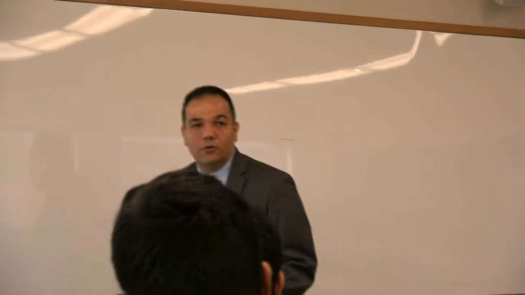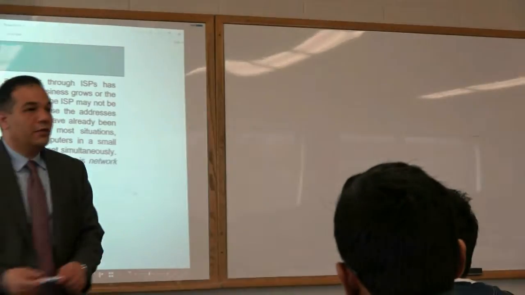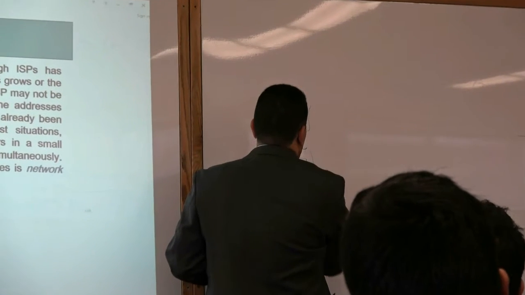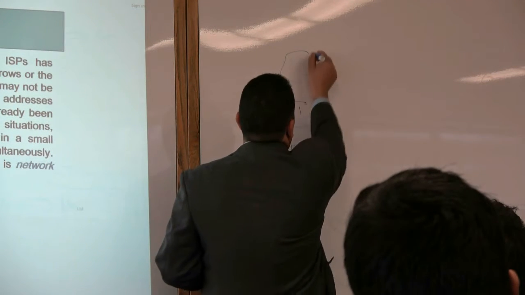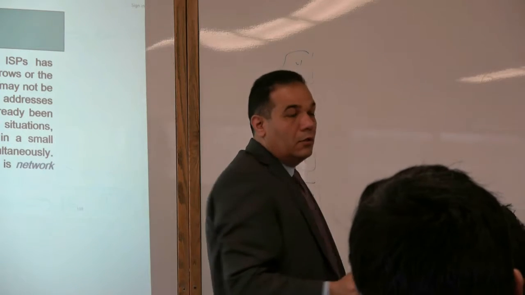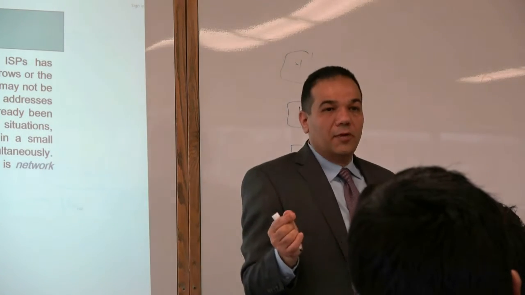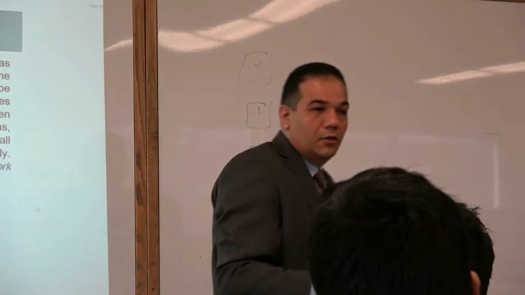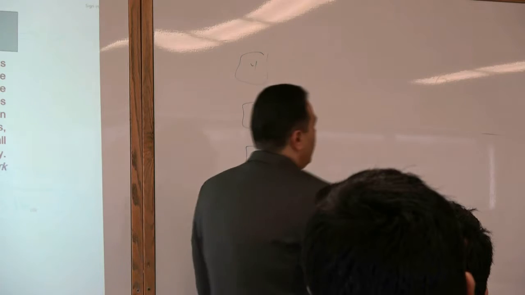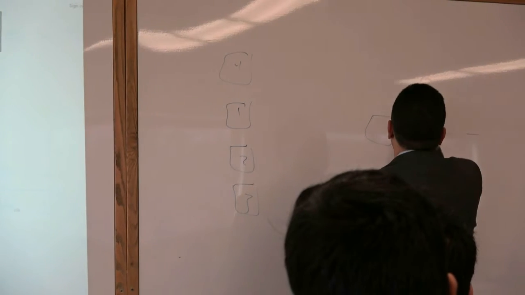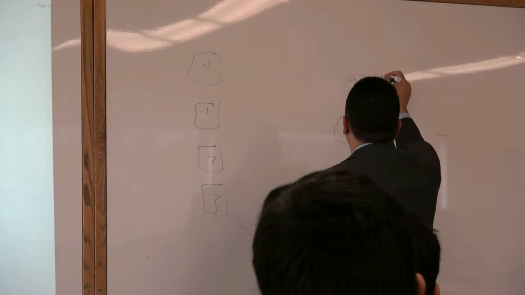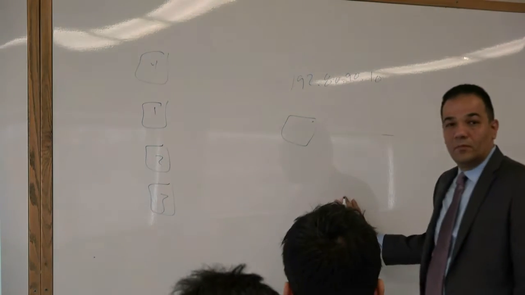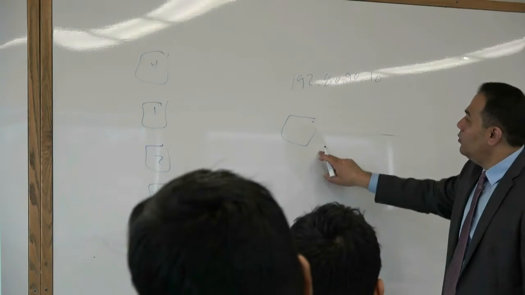But you do a lot of research at home, and let's say you have 4 computers. You can afford to buy one static IP address for your network, which is like $100 a month or whatever. So you have one IP address, for example 192.80.90.10. That would be your IP address.